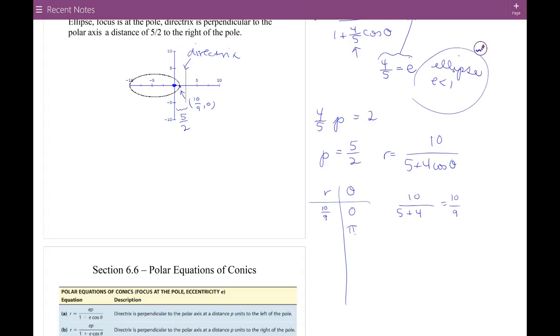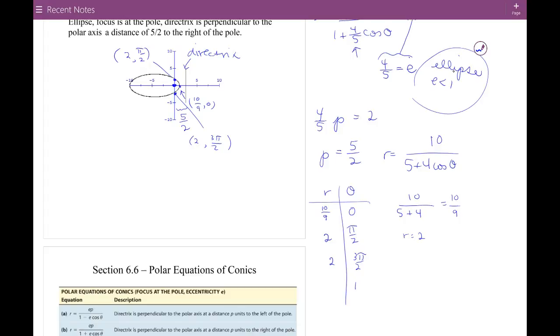When theta is pi over 2, I'm going to get that r is 2, because cosine of pi over 2 is 0. So this point would be r is 2 when theta is pi over 2. And we can see because of the cosine theta that we have this symmetry about the polar axis. So when we have theta of 3 pi over 2, we're also going to get r is 2 away from the pole.